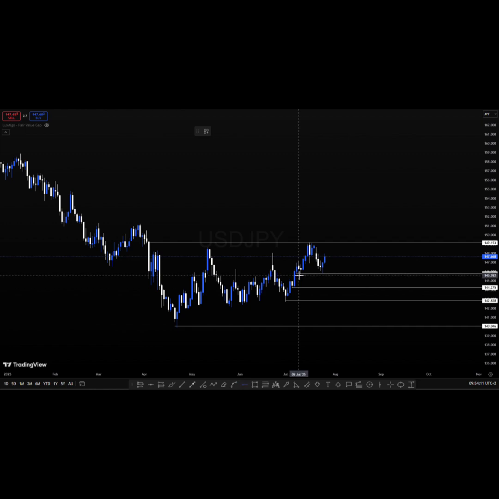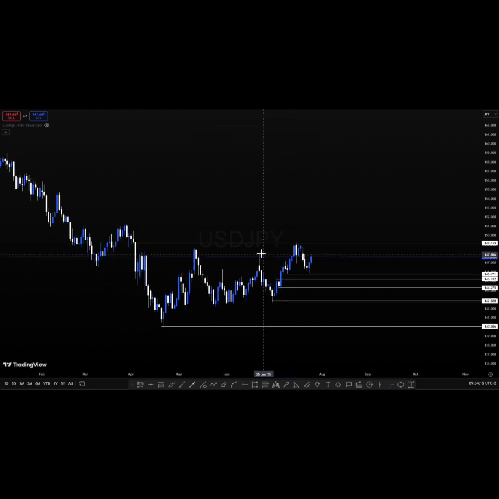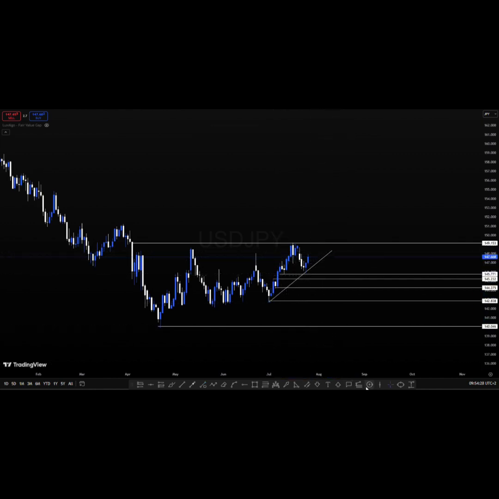You try to make it like this so that it's easy to get an entry. We are here, we don't have much space. We have space above, but below we don't have any space. But we have something that looks like this, a trend to the upside, reacting to this level here.